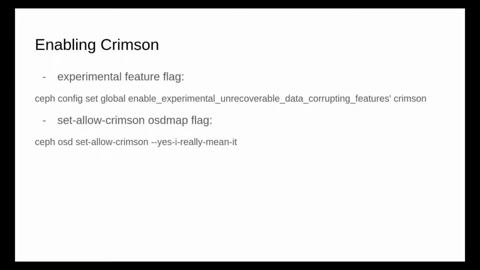The other feature is Crimson pools. Part of the design here is that one day we're probably going to want to be able to mix Crimson OSDs and regular OSDs in the same cluster. So this is on a per pool basis as opposed to on the full cluster.